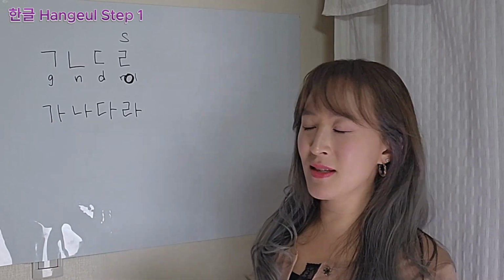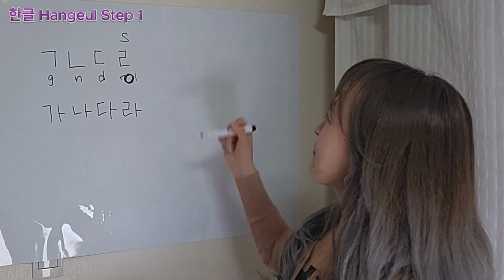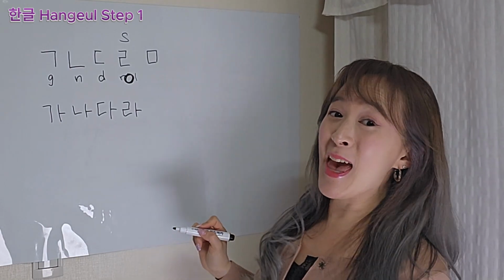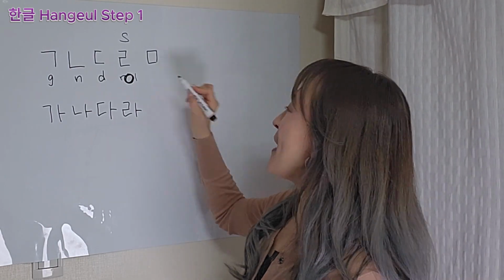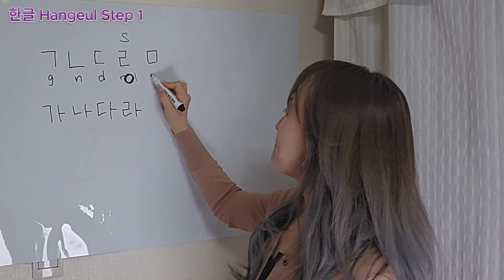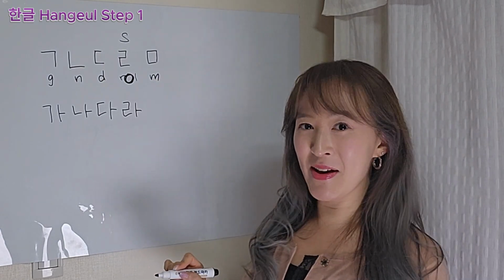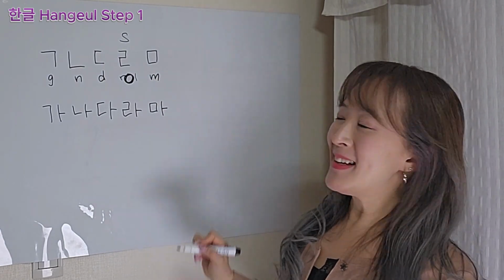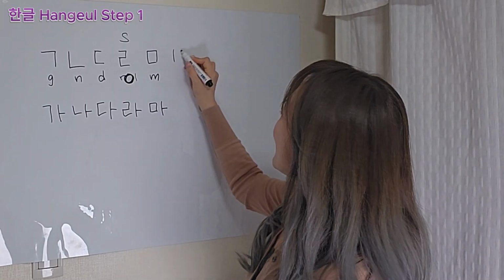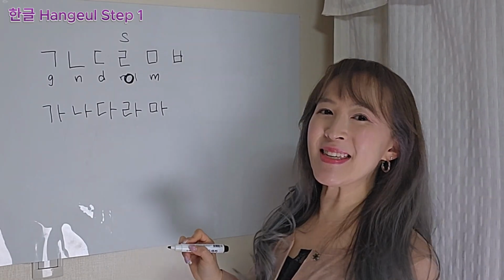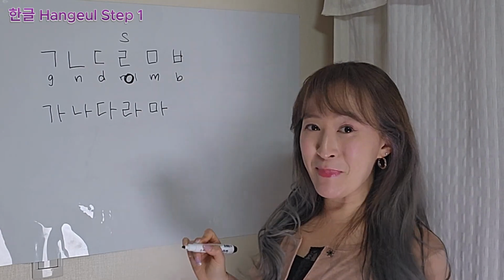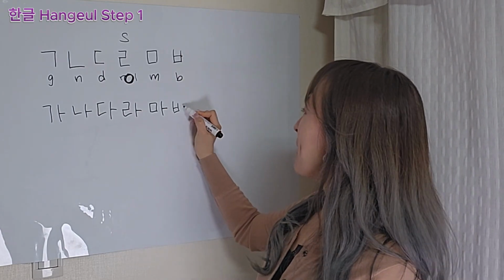So this is the next consonant, and it's very easy. It's like M, ma. This next one makes the B sound, so like pa.